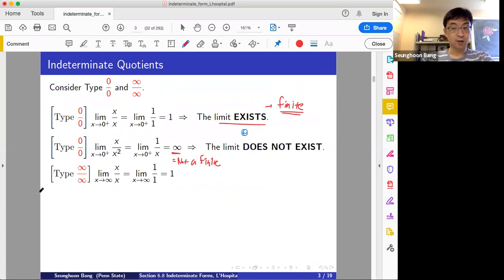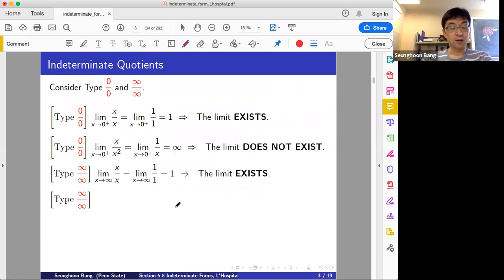Here the limit is 1, so the limit exists. Now the type infinity over infinity: the limit of x squared over x as x approaches infinity. The same: you can cross out x, leaving x. Plug in infinity, and the infinity is not a finite number, so the limit does not exist. So what does it mean?